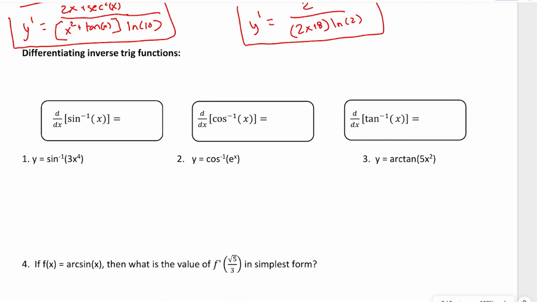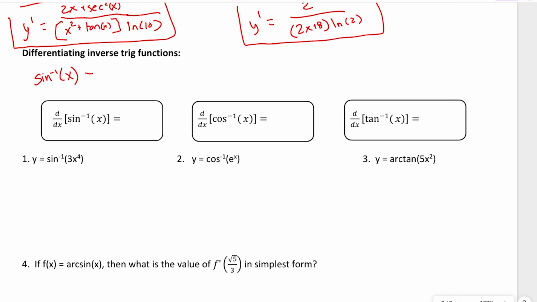Before I tell you what the derivatives are, I should note that just like there's two different notations for derivatives, the Leibniz notation and the Lagrange notation with the primes versus dy dx, with inverse trig functions there are also two different ways of writing the same thing. So I want you to be comfortable when you see either one of these. The inverse of sine can either be written as what you see down here, sine to the negative first, which almost looks like you're raising it to the negative first power, although it's just inverse notation.